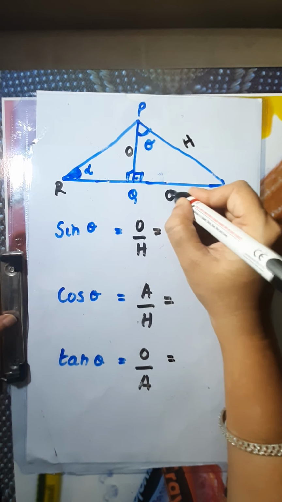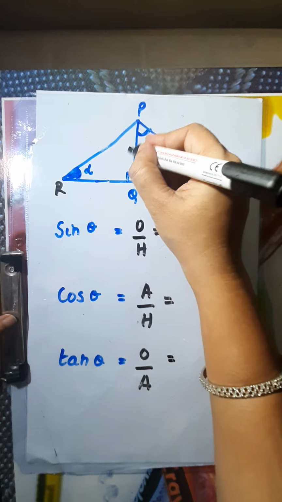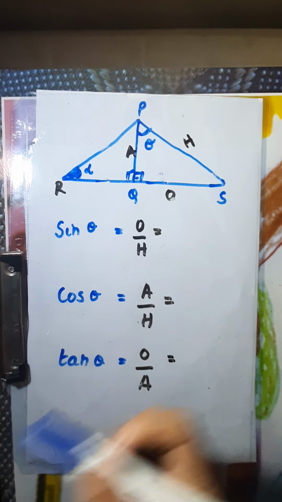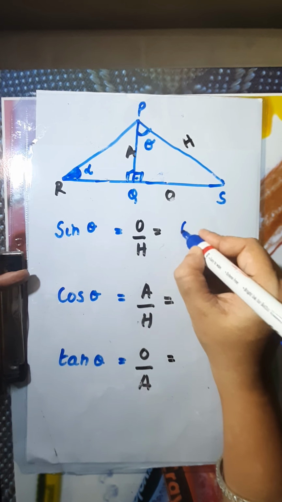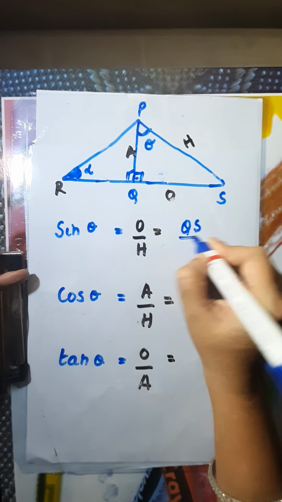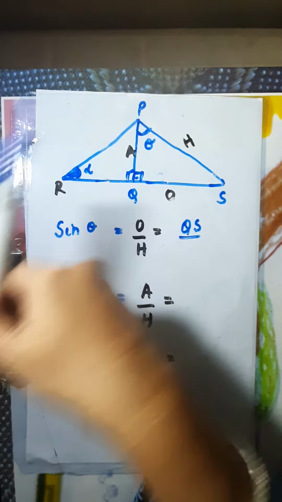For this angle, this is opposite and this is adjacent, for this triangle. So tell me what is O upon H. O upon H is QS upon PS, because this is the triangle under consideration.